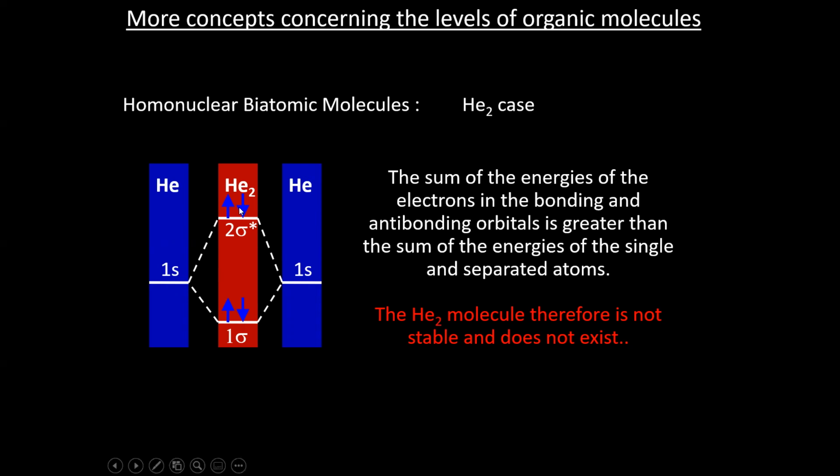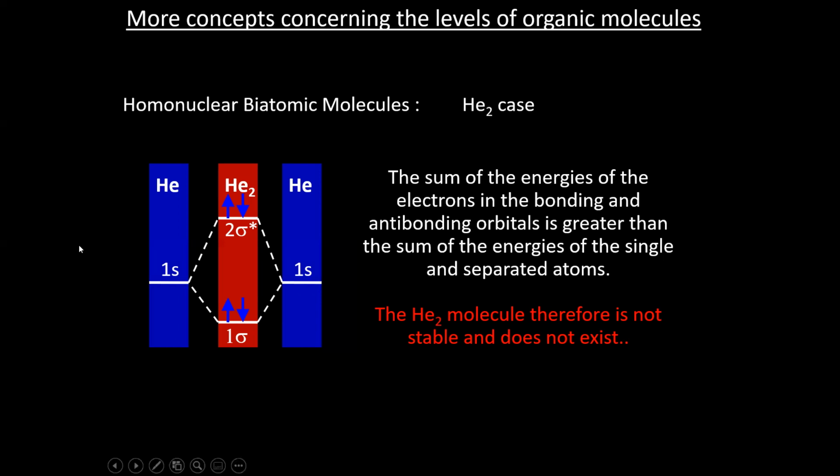Then you will have 2 electrons in the bonding orbital, 2 electrons in the anti-bonding orbital. And as you see here, the energy of the anti-bonding orbital is larger than the energy of the bonding orbital. As a result, the molecule is not stable. The two anti-bonding electrons tend to dissociate the molecule more than the two bonding electrons tend to associate it. As a result, the two helium atoms will split and you will end up with atomic helium.